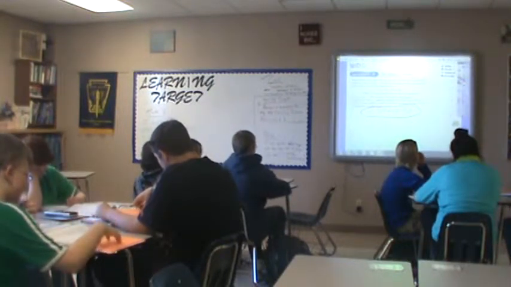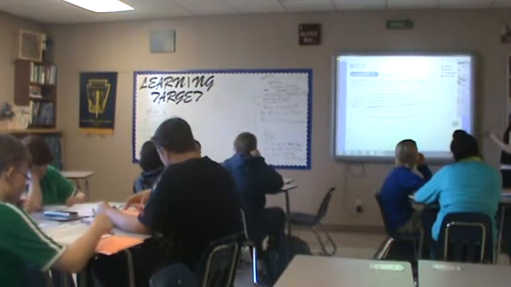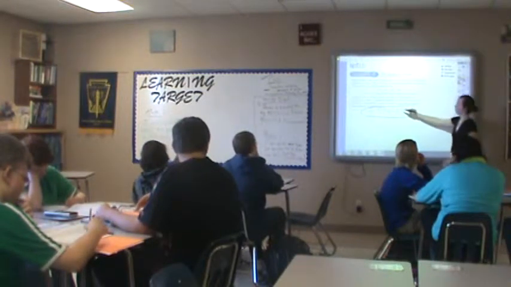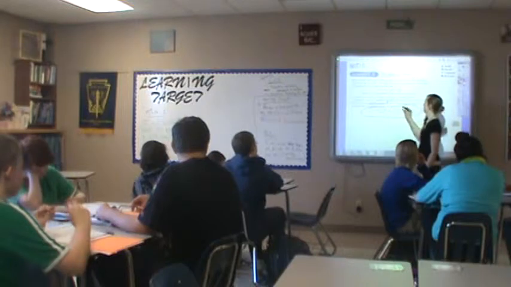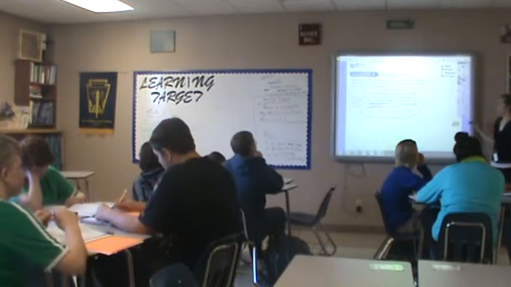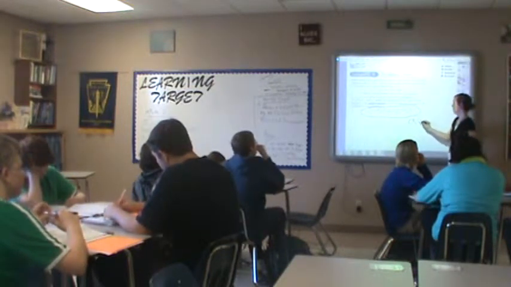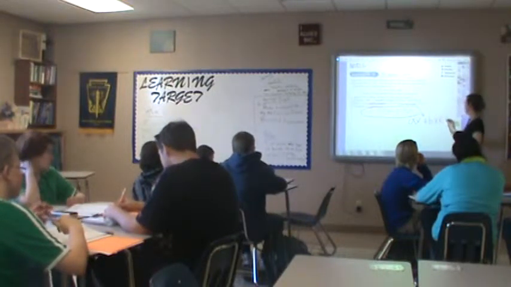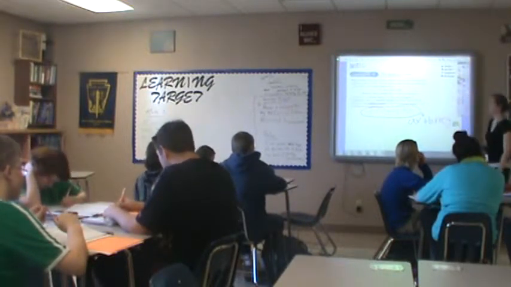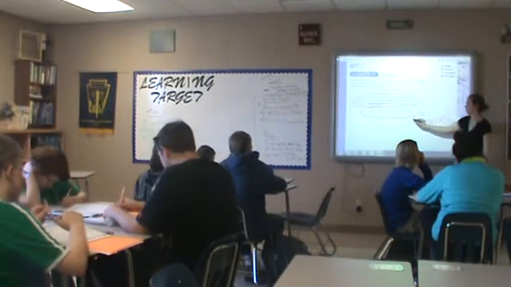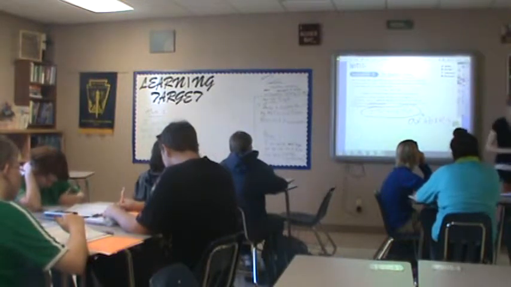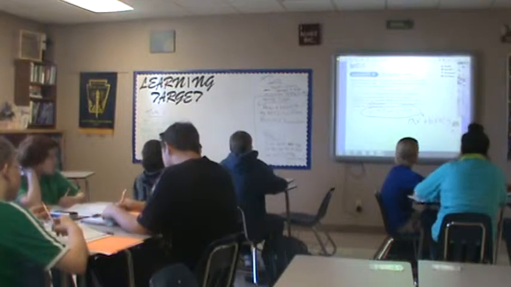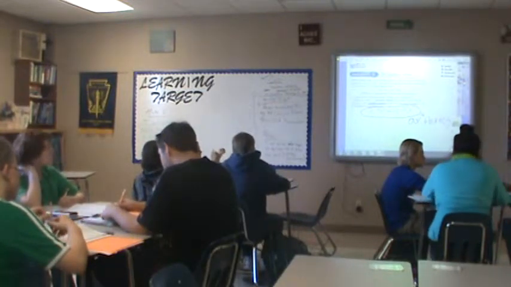Okay? So maybe jot that down too, that we use the quadratic formula when we have ax squared plus bx plus c equals y, with y equal to 0. So that's when you would use the quadratic formula, right?